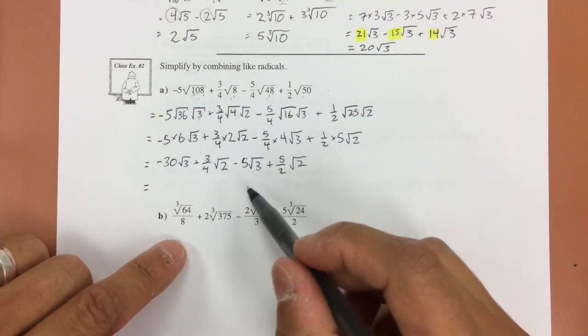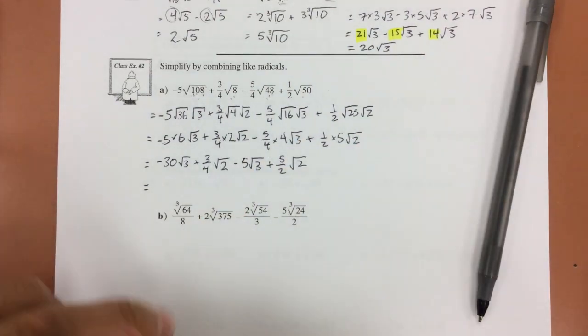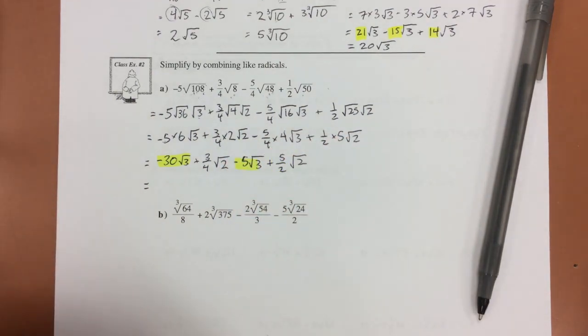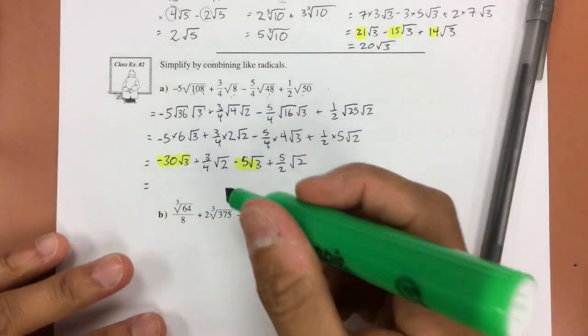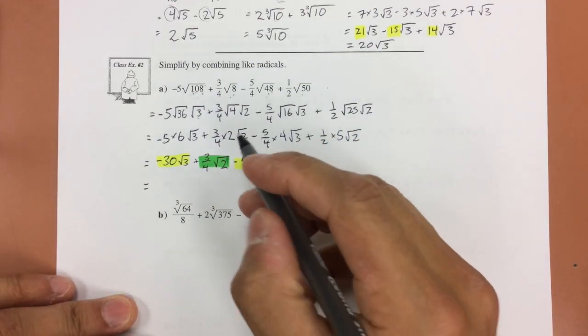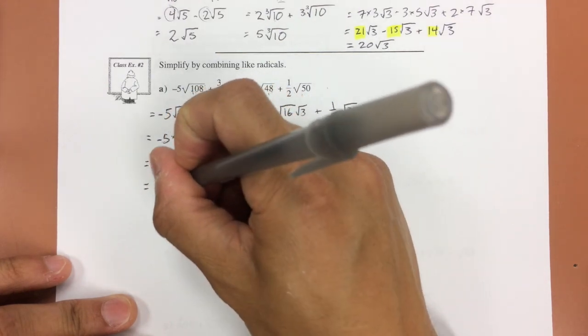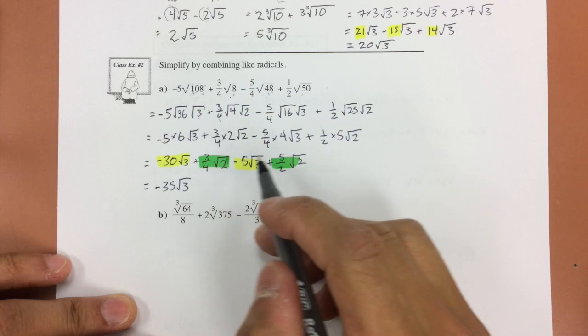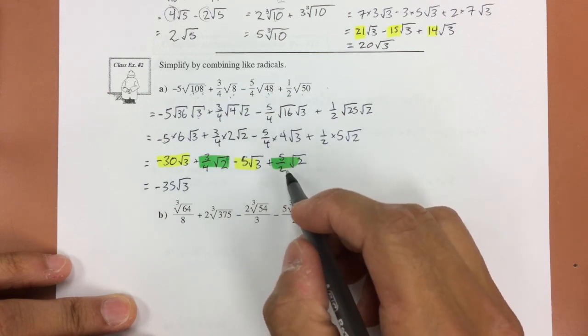Now I can combine my like terms. The like terms I'm going to combine are these two and these two. So negative 30 minus 5, we're going to have negative 35 square root 3, and then 3/4 plus 5/2.